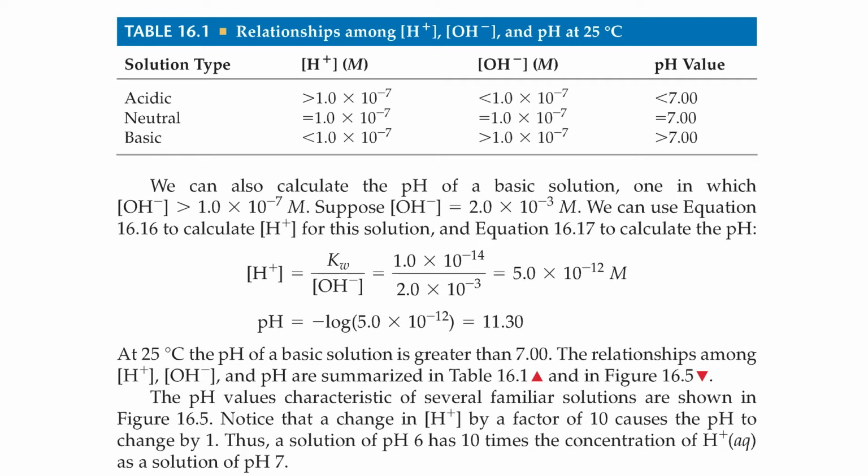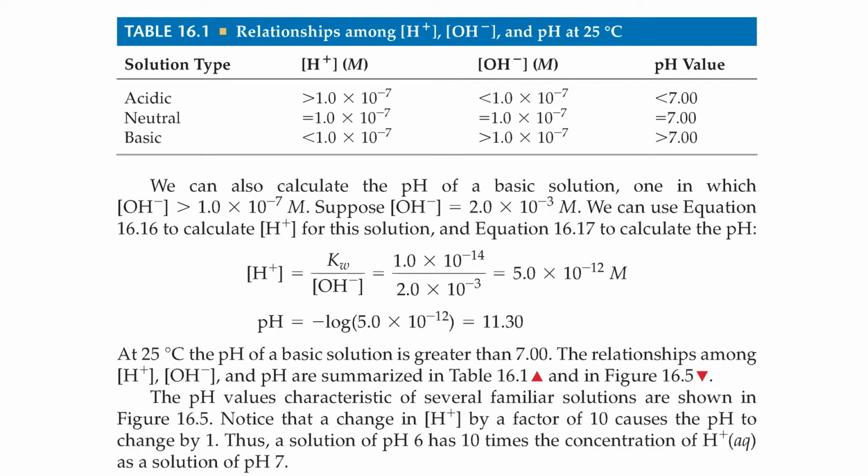The concentration of hydrogen ion is the ion constant product divided by the concentration of hydroxide, which is 5 times 10 to the negative 12 molar. And the pH is the negative log of 5 times 10 to the negative 12 molar, which is 11.30. At 25 Celsius, the pH of a basic solution is greater than 7.